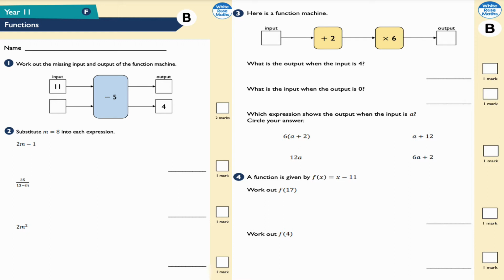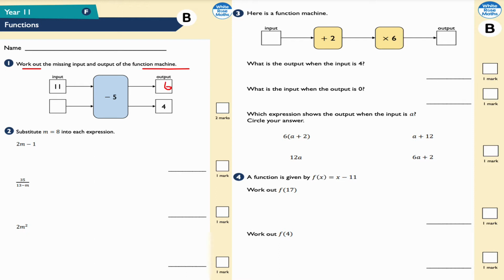So as ever guys, please feel free to pause the video, try the questions yourselves, and then press play when you're ready. This is question number 1, guys. Work out the missing input and the output of the function machine. So first one, input is 11, I subtract 5, and I get 6.